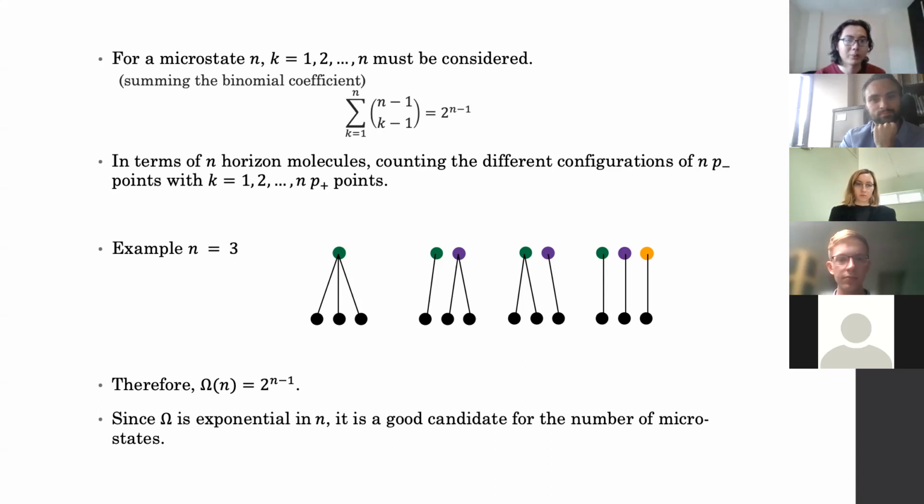From this, the total number of configurations is 2 to the n-1 power, which is the total number of microstates that we want. If we calculate the entropy now, it scales with n.